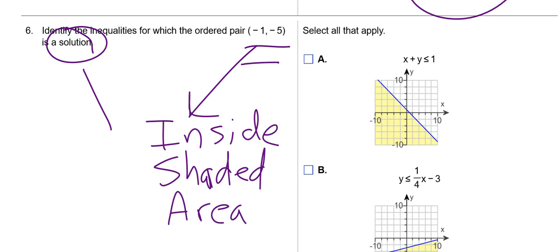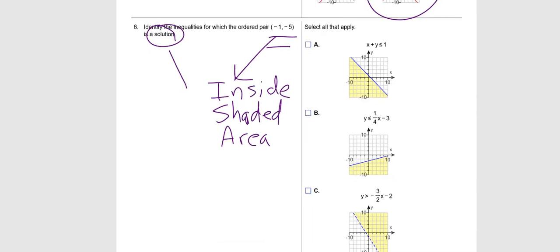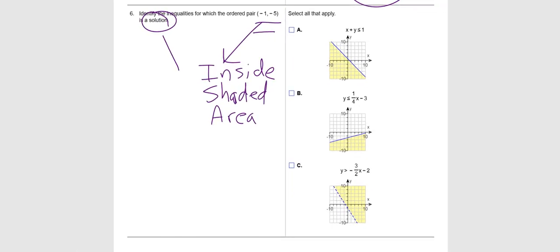Inside the shaded area. If you want to use my colored one because it's hard to see the shaded part, but you do have the inequalities in front of you, it says select all that apply. Look for any that has -1, -5 in the shaded area.